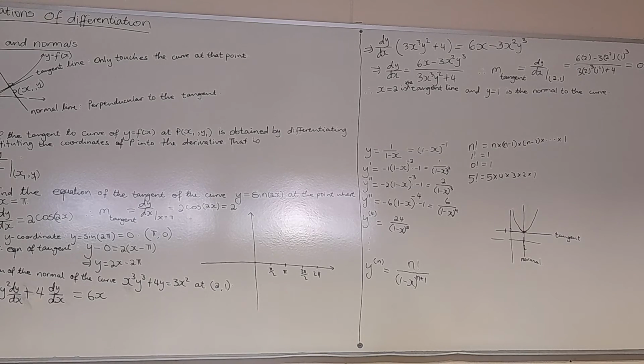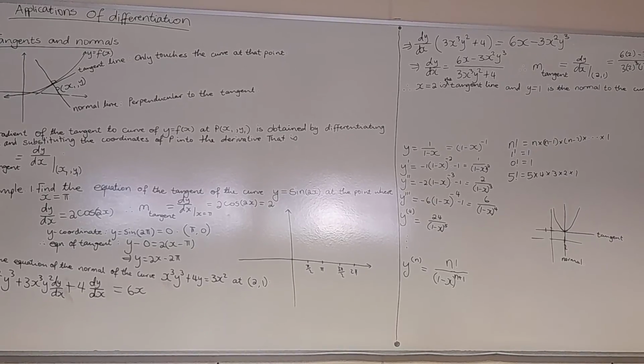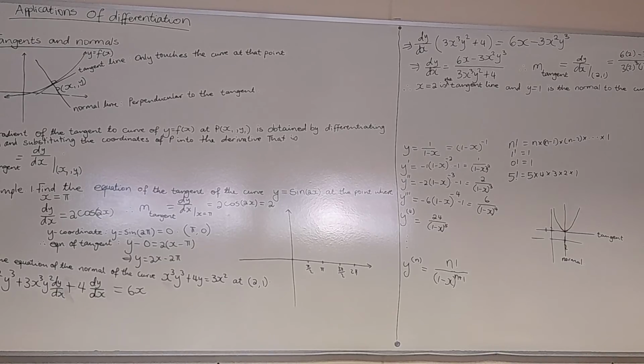How did you find the vertex of that graph? Sorry, I just said that is not the graph of the curve, I am just giving you an example. That at that point, the tangent will be a vertical line, and therefore the normal is a horizontal line. That is not the curve which is given here. Because the gradient is 0, that's why it's horizontal.